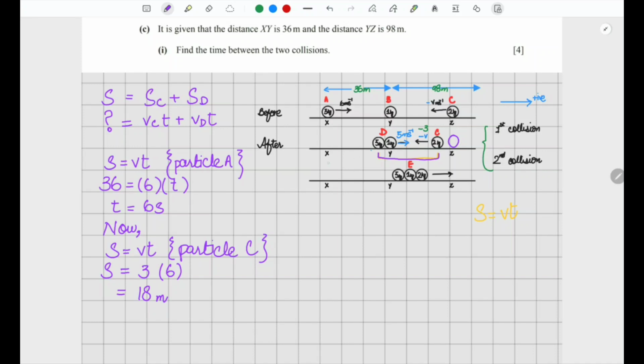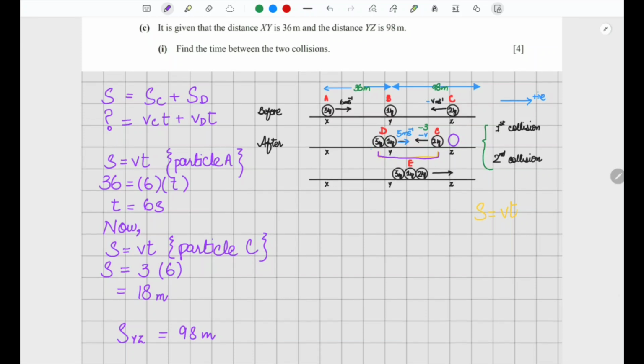The whole distance from Y to Z was 98 meters.